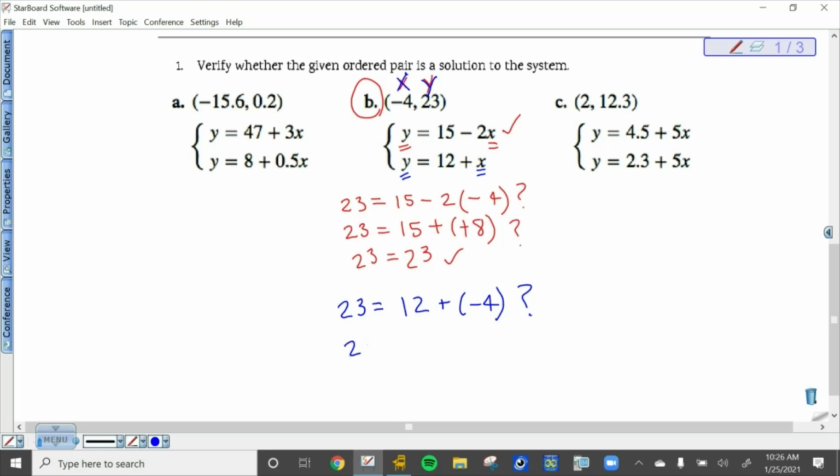So 23 equals, what's 12 plus -4? 8. Is 23 equal to 8? No. So -4, 23 is not a solution to the second equation. Therefore, -4, 23 is not a solution to this system of equations. So this is not a solution.